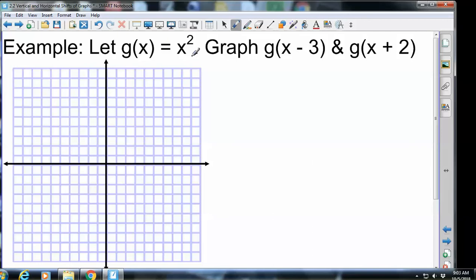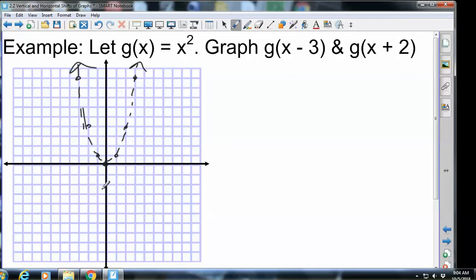So my parent function here is x squared. What's x squared look like? Right. 0 squared is 0, 1, 1, 2, 4, negative 1, 1, negative 2, 4. Does everybody know, when I'm graphing these parent functions, how I'm getting my exact points? Yep, just a t-chart, and I'm just too lazy to write it down.